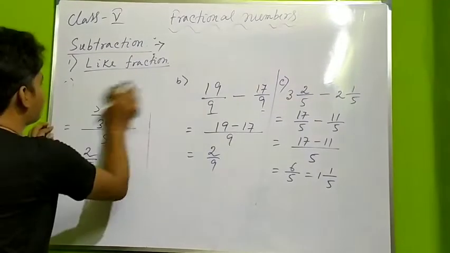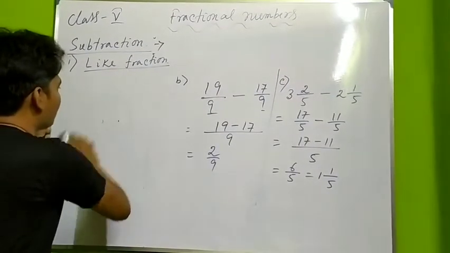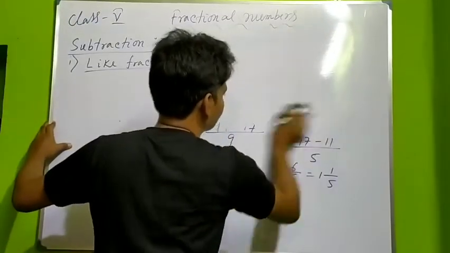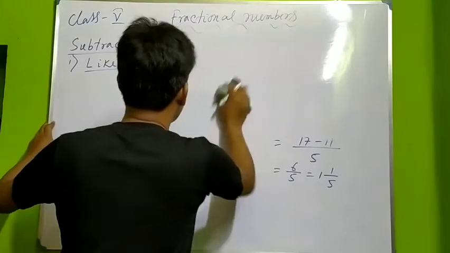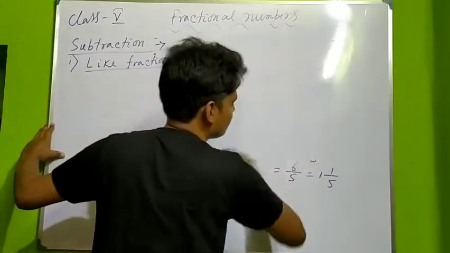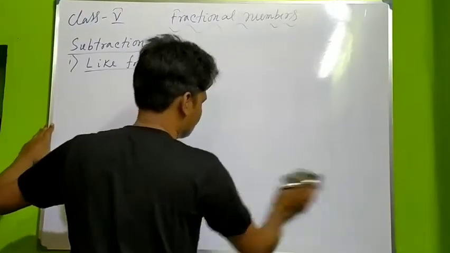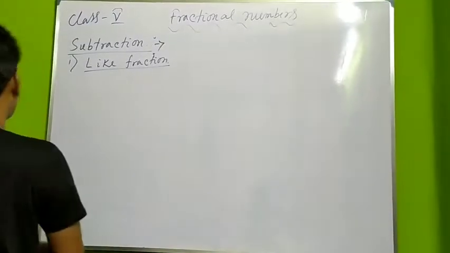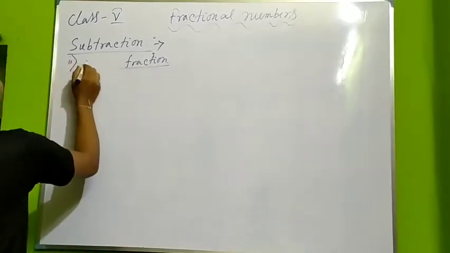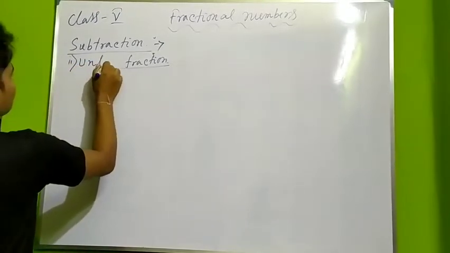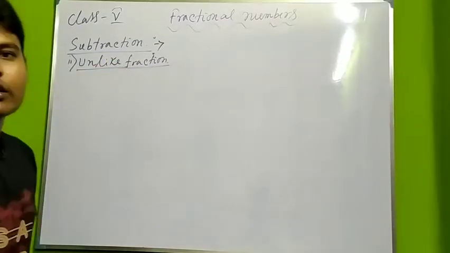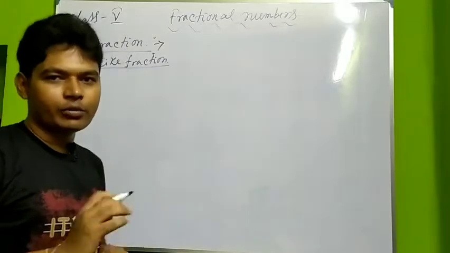Now the operation on unlike fractions. Unlike fractions have different denominators.